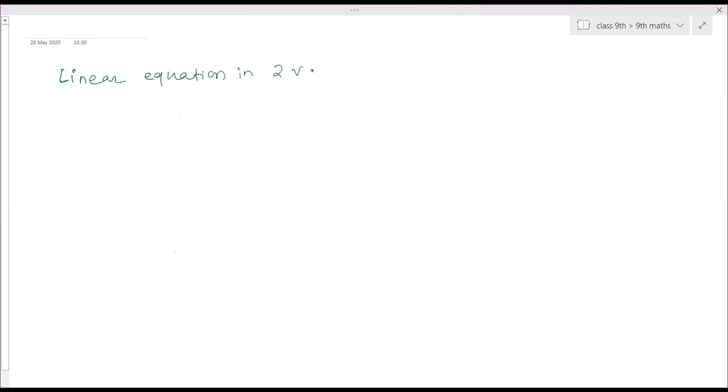in two variables. You have learned what linear polynomials are. What does a linear polynomial mean? It has the highest power as 1. Yes, degree 1.